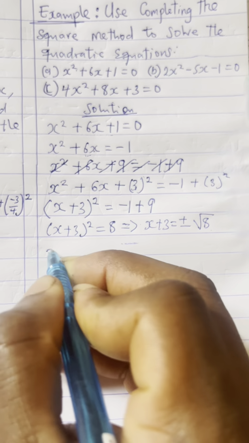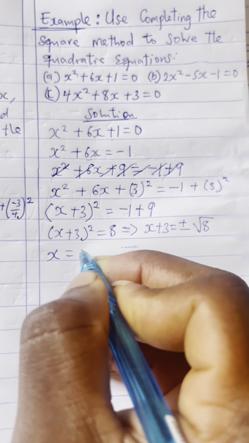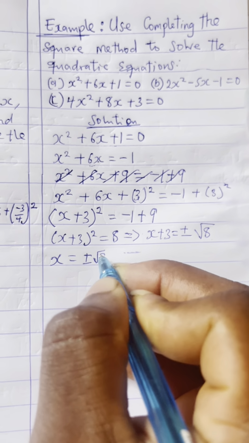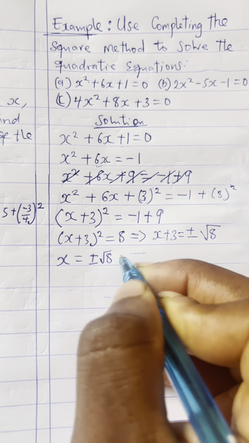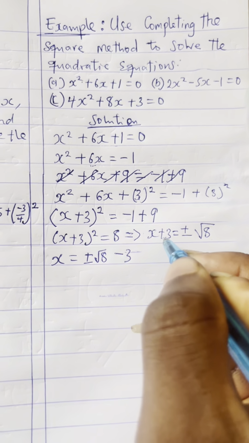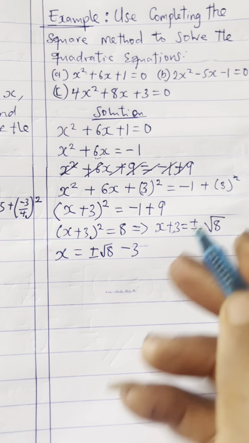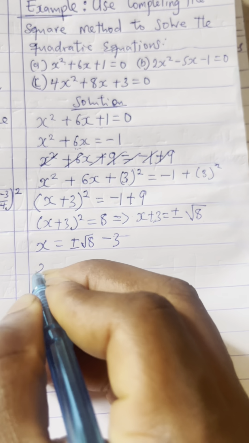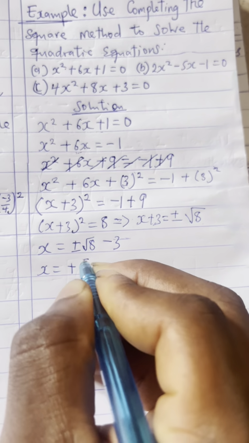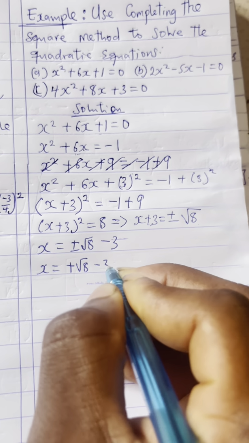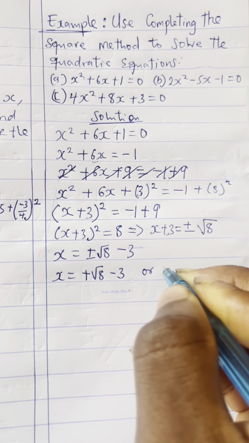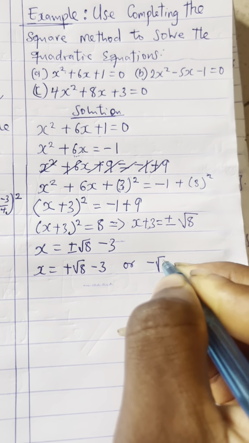So my final answer for x will now be equals to plus or minus root 8 minus 3. Because if this plus 3 comes to the other side, it's going to turn to minus 3. So this simply means that my x can either be plus root 8 minus 3 or minus root 8 minus 3.